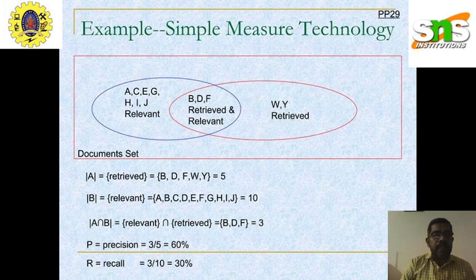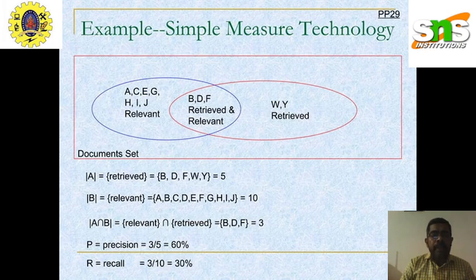So mod of A intersection B equals relevant intersection retrieved. In relevant we have A, B, C, D, E, F, G, H, I, J, which is 10 components. And retrieved we have B, D, F, W, Y. Retrieved is marked in red, and relevant is marked in blue.